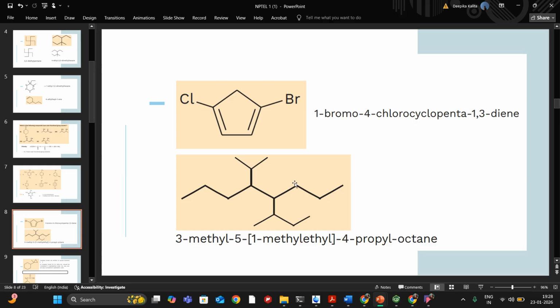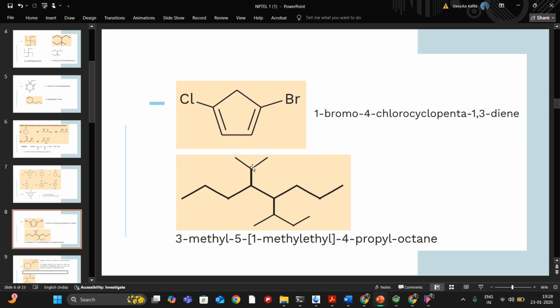So this propyl substituent is getting the fourth number because we are starting from here 1, 2, 3, 4, and in the fifth position we have an isopropyl group. You can either name it as isopropyl group, or you can use the IUPAC name for this group, which is 1-methylethyl.